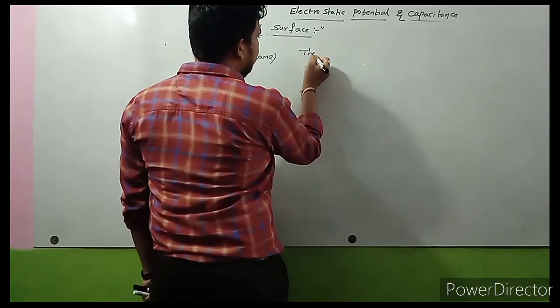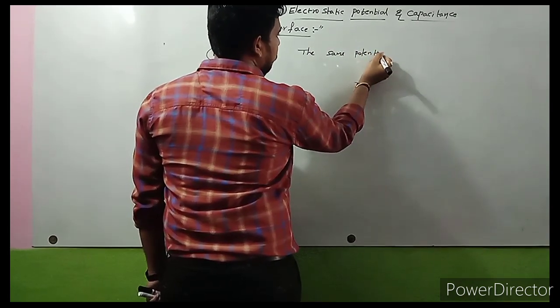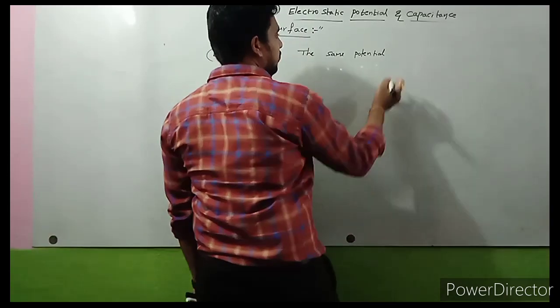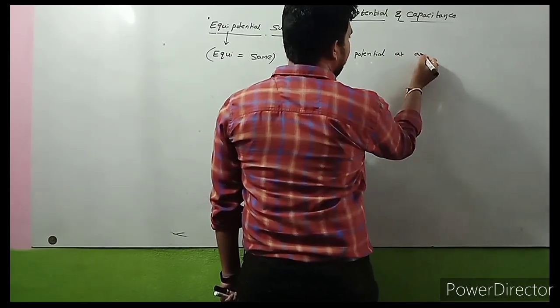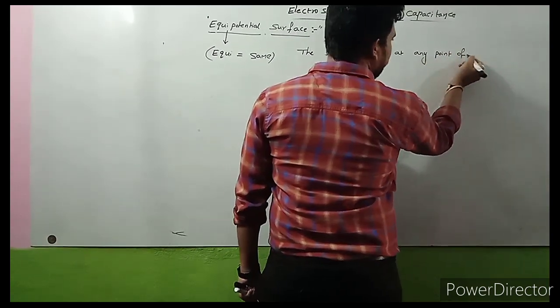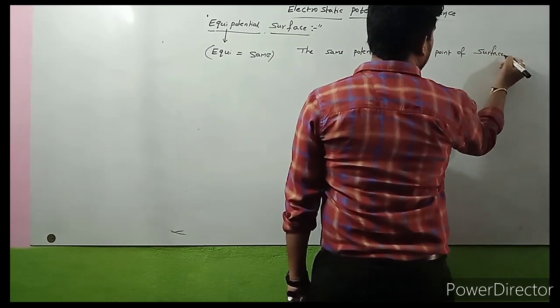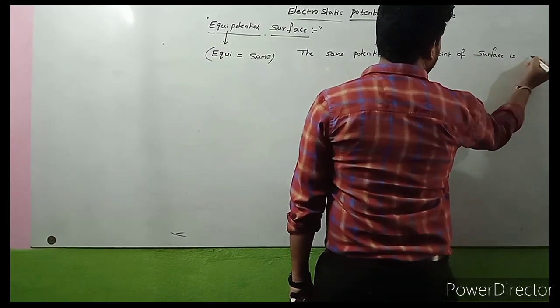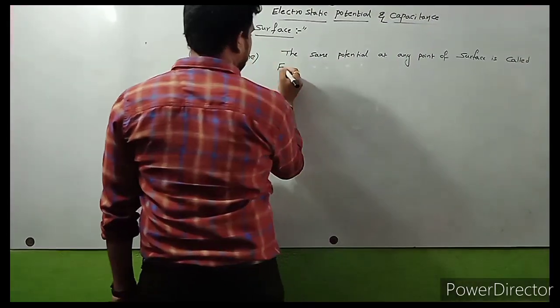The same potential at any point of surface is called equipotential surface.